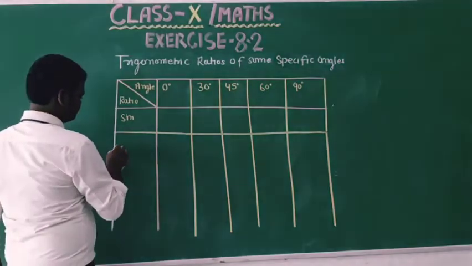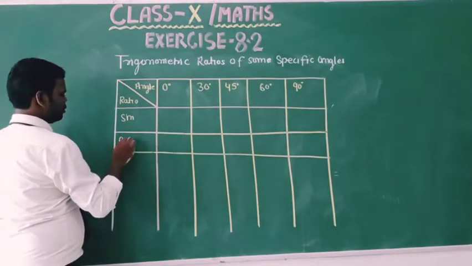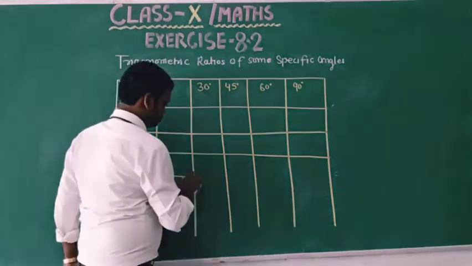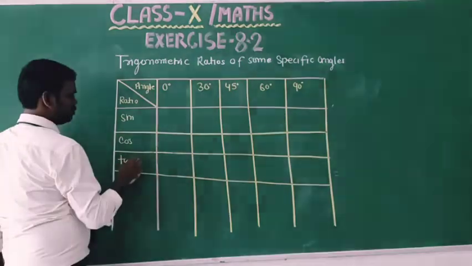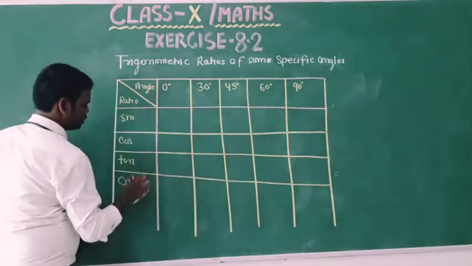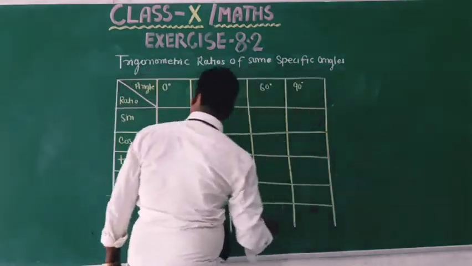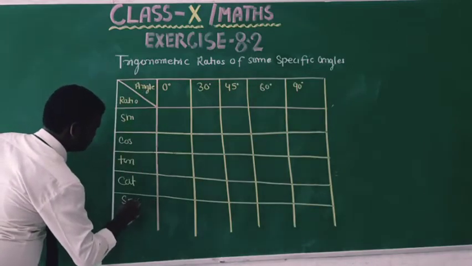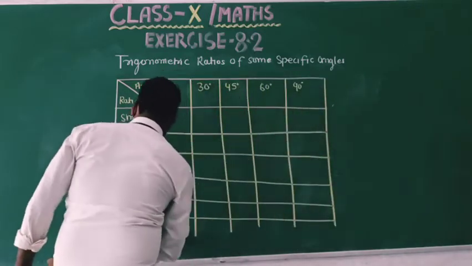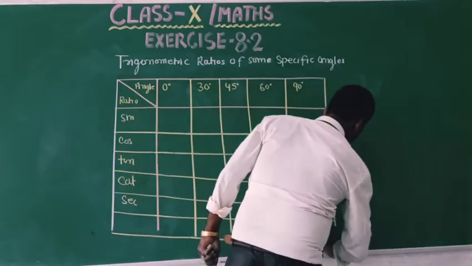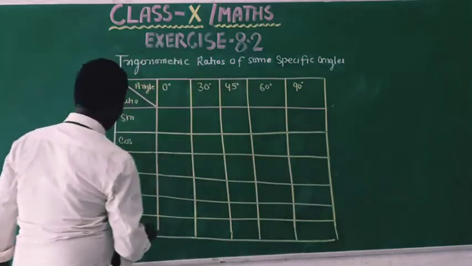Sine, this is for cos, this is the tan row, next is cot, then sec, and last is cosec.